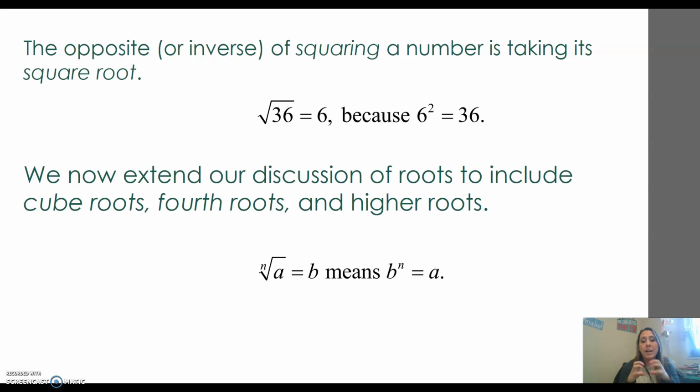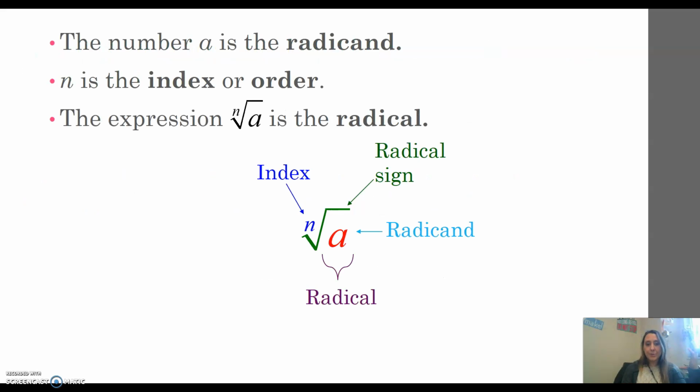We're going to break up and dissect and explain what exactly a radical is, or a root. Okay, so the number a in this example is called the radicand. The number underneath the radical is the radicand. I typically refer to it as the number under the radical, but the actual word is radicand.